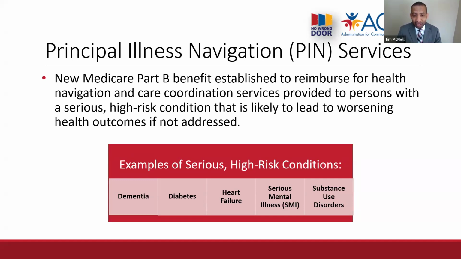The examples of serious high-risk conditions are across the bottom, but it's not limited to those. Diagnoses such as dementia, diabetes, heart failure, mental illness, and substance use disorders are all examples.